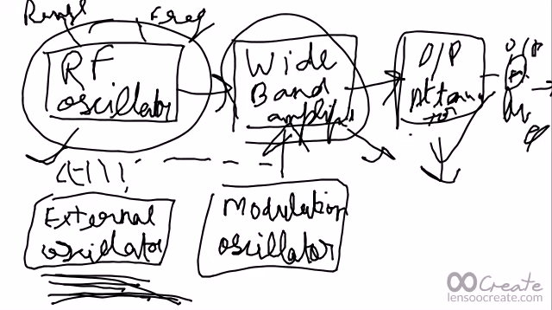So basically the carrier frequency is generated by a very stable RF oscillator. Modulation is obtained by an internal or external fixed frequency oscillator, and then modulation is done in the wideband amplifier, which delivers its output to an attenuator, and the output voltage, that is your output signal, which is voltage only, right? The output signal is observed in an output meter.